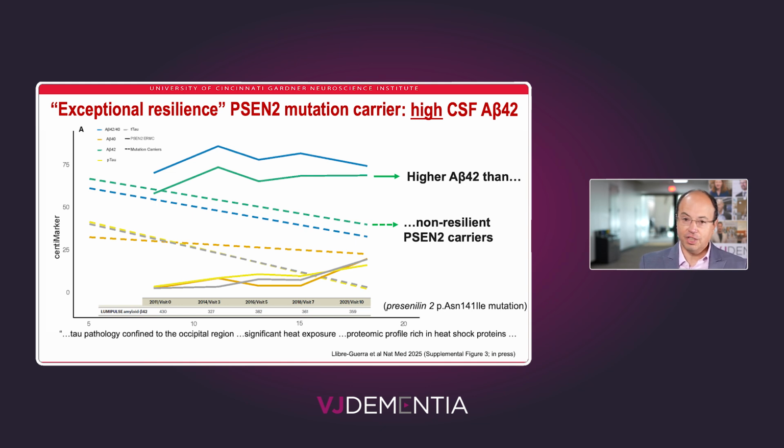But in fact, as you see, one reason we could argue this individual was resilient is because the levels of A-beta 42 were higher than those of others in the cohort that were non-resilient.